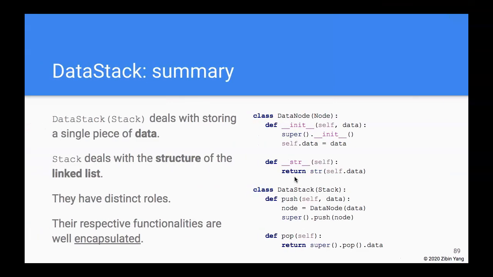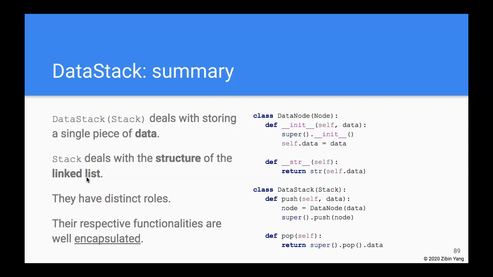All right, so that's a summary for the data stack, and you can see the code for the data stack is very short. The reason that it can be so short is that it's entirely focused on its very distinct responsibility, which is to deal with data. And the other reason is that the hard work of dealing with the structure of a linked list-based stack has been taken care of by the stack class itself.